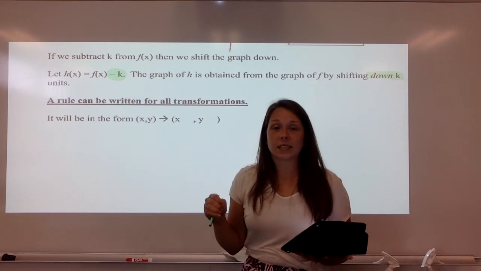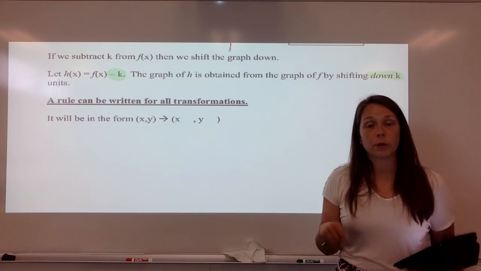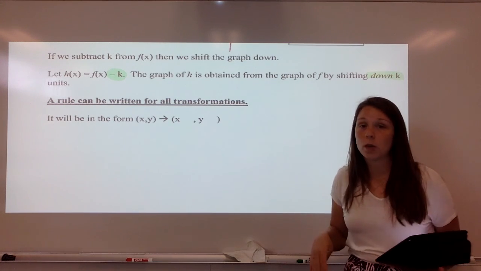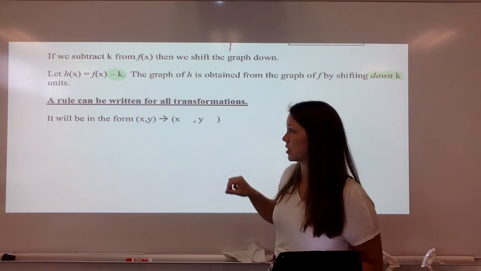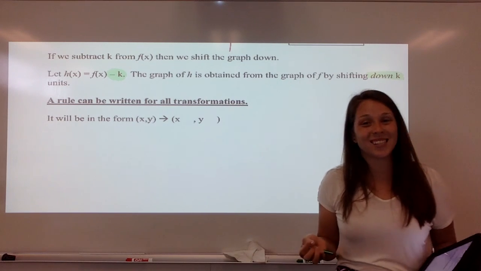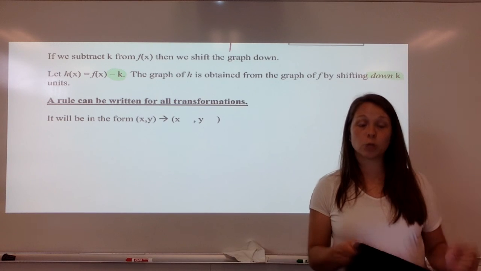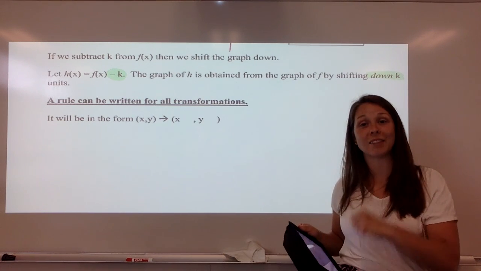Before we get into the next example, the other thing I want to go through with you that you're going to see appear with all of our transformations is a rule. So a rule can be written for all transformations. What the rule does is it's telling us how we are getting from the parent table to the new table applying the transformation.